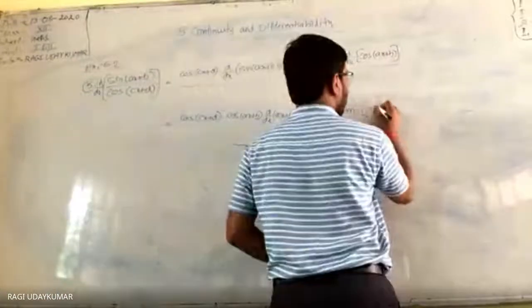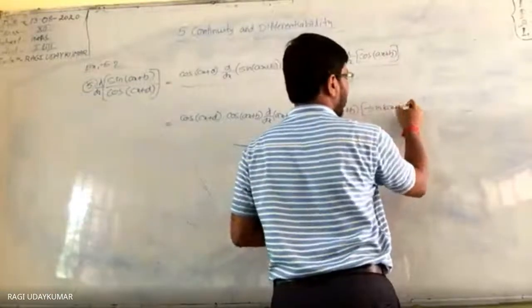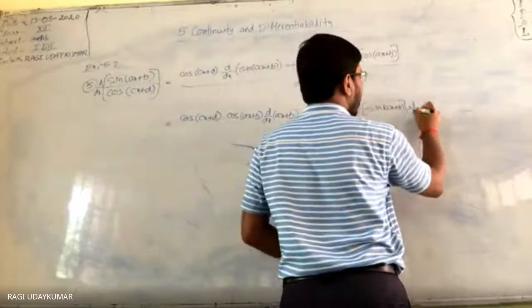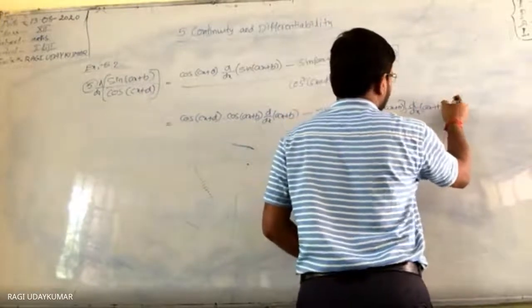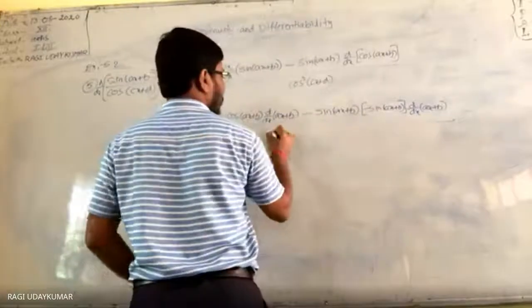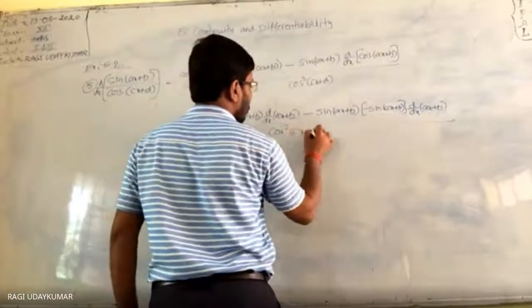So minus sin of cx plus d into d by dx of cx plus d, by cos square cx plus d.